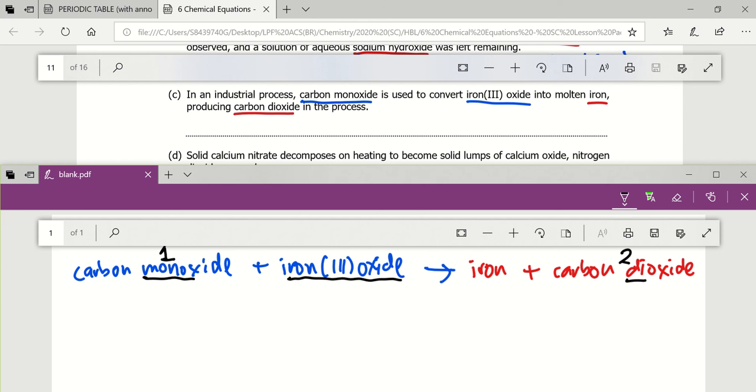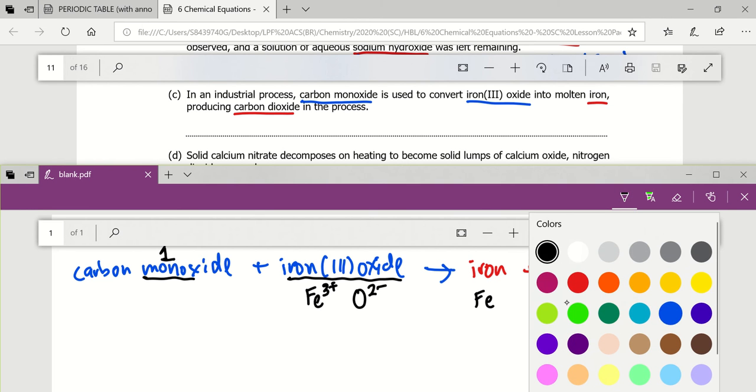The bracket number for iron is 3, so our iron has a charge of 3 plus. Oxide ion is in group 6, that is O2 minus. For iron, it is a metal, so the chemical formula of iron metal is just the symbol Fe.